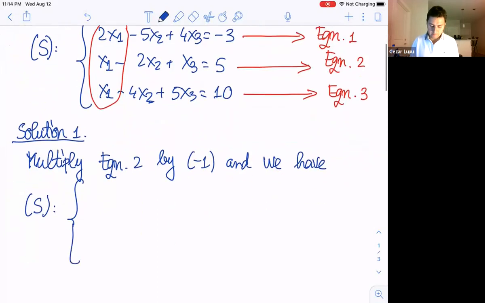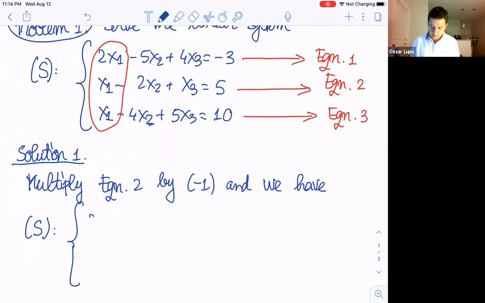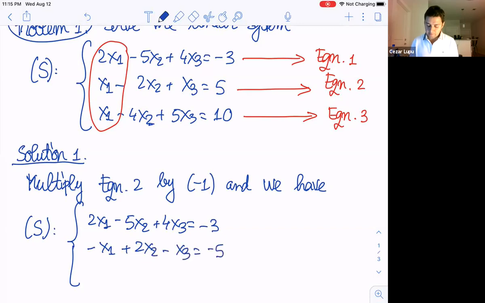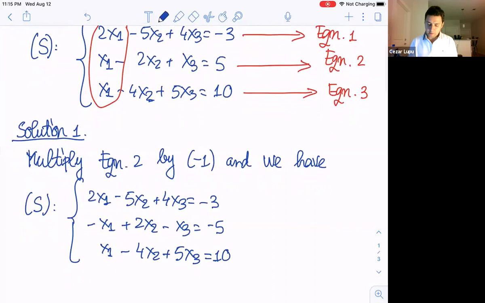It's an equivalent system, which will be 2x1 minus 5x2 plus 4x3 equals -3. The second equation, we said we're going to multiply by -1, so we'll have negative x1 plus 2x2 minus x3 equals -5. And let's write the last one, x1 minus 4x2 plus 5x3 equals 10.